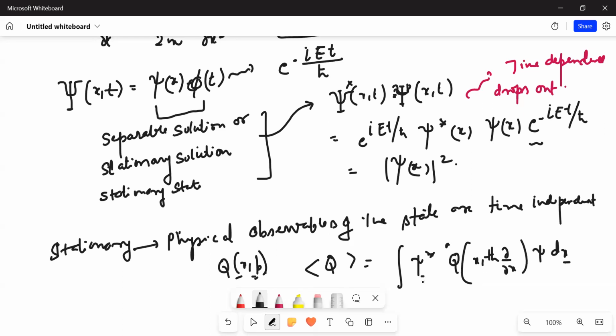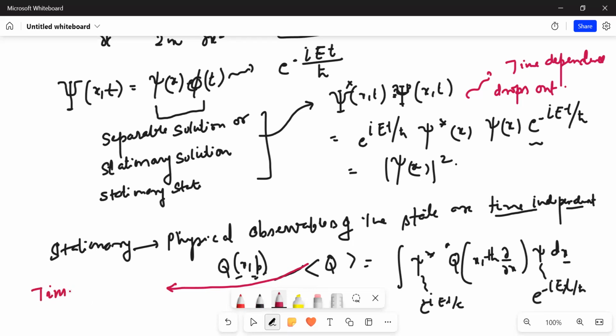So this will give you some exponential plus Et upon ħ, and this will give you some exponential minus Et upon ħ. And you'll find that even for any dynamical observable, the expectation value remains time independent. And therefore, the word comes as stationary state.